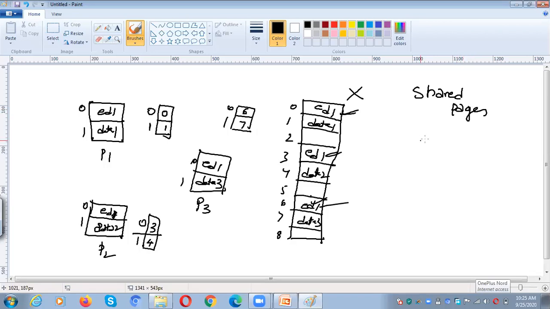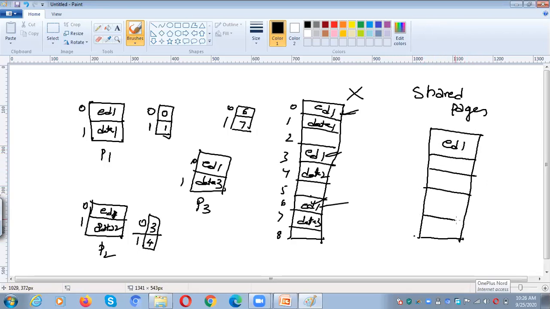shared pages concept. If you use the shared concept, obviously we need not keep ED1 multiple number of times. Frames 0, 1, 2, 3, 4, 5, 6, and then 7, 8, the same memory for example.